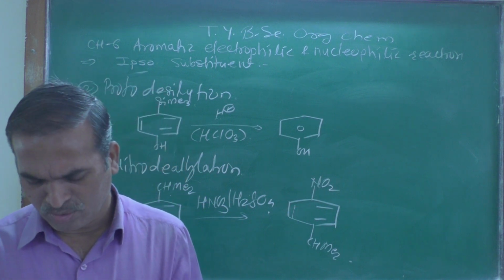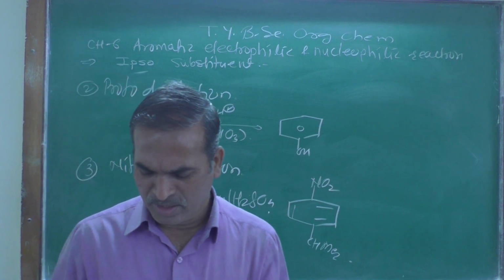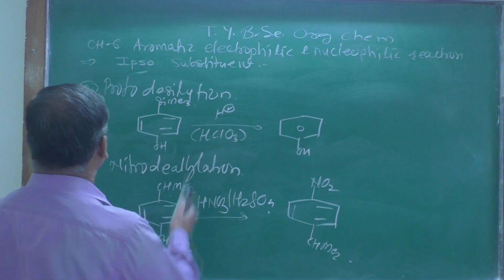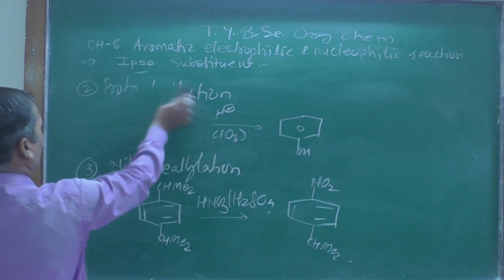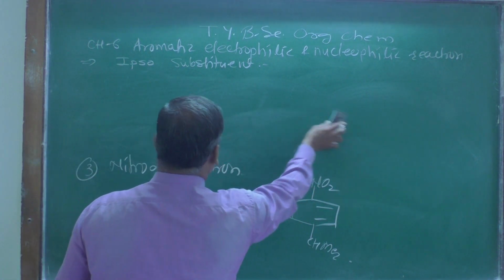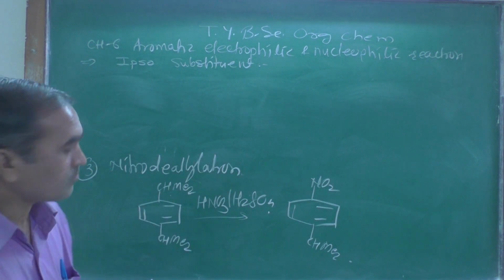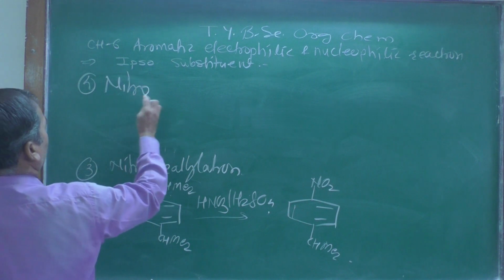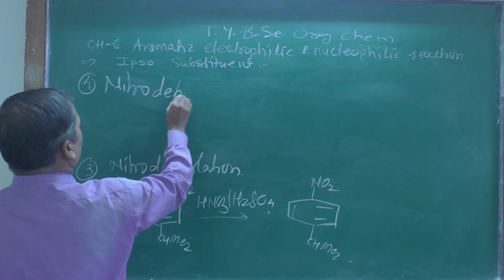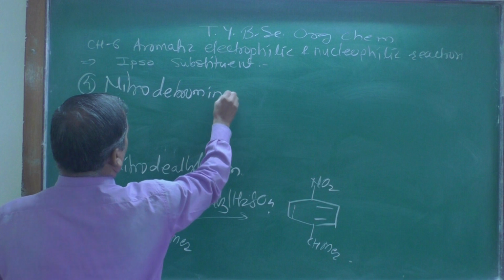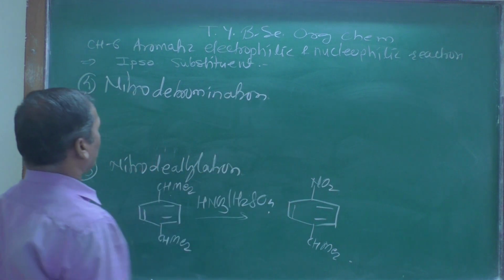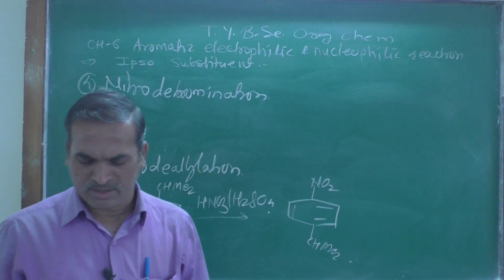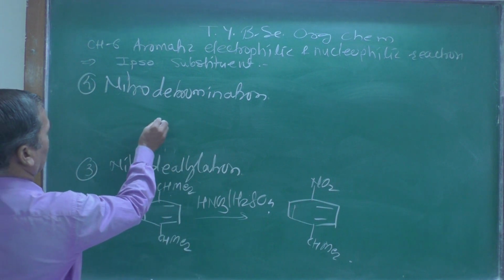Then nitro-debromination. Let us see the fourth reaction, nitro-debromination. Nitro-debromination means what? Here the starting compound is taken.